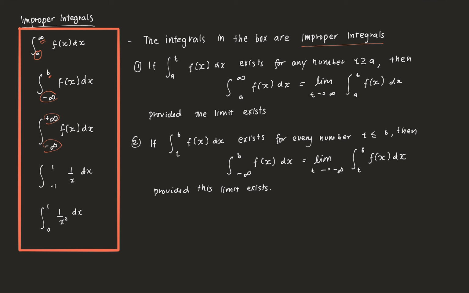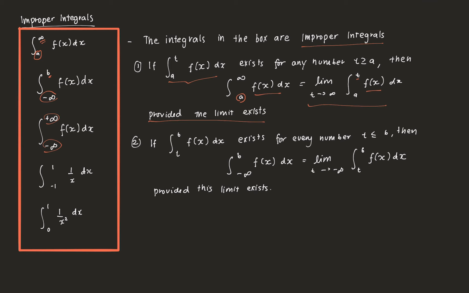If that integral exists for any number t greater than or equal to a, then the integral from a, which is a lower number, until infinity of this function is just the limit as t approaches infinity, as that number gets larger and larger away from a, of the integral from a to t of f of x dx, provided that the limit exists. So we can calculate this integral in this format.